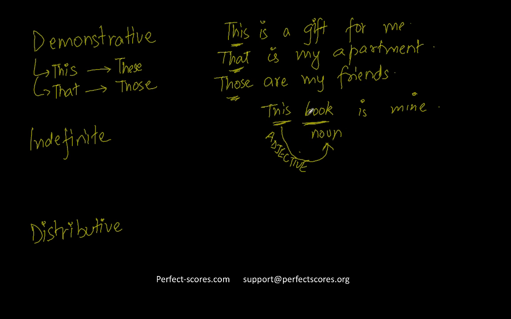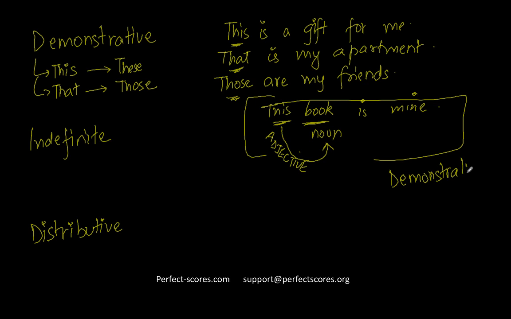So in these kinds of sentences, these four words, this, these, that, and those, get converted into demonstrative adjectives. It basically depends on the usage. There's no clear fixed rule that this is a pronoun or this is an adjective. It totally depends on how it is used in the sentence.